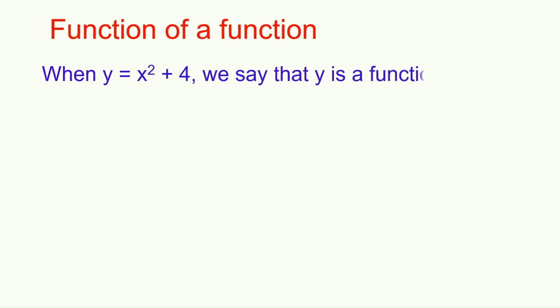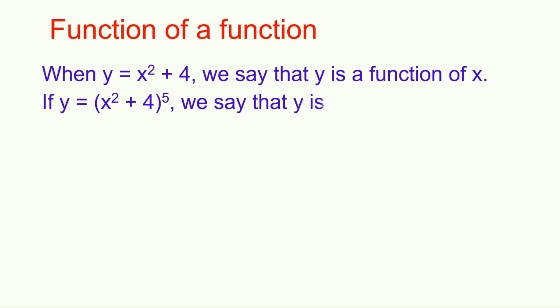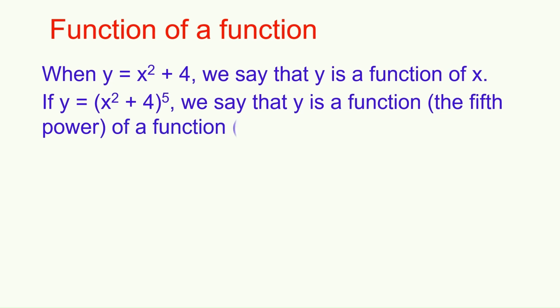Function of a function. When y equals x squared plus 4, we say that y is a function of x. If y equals (x squared plus 4) to the power of 5, we say that y is a function, the fifth power, of a function, x squared plus 4, of x.